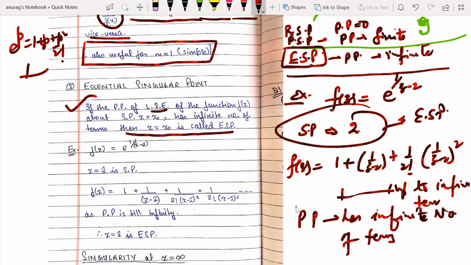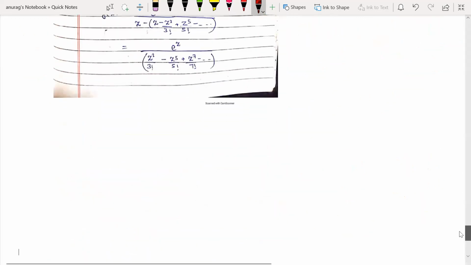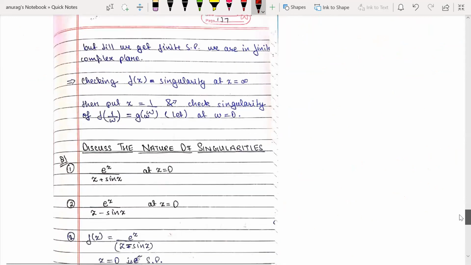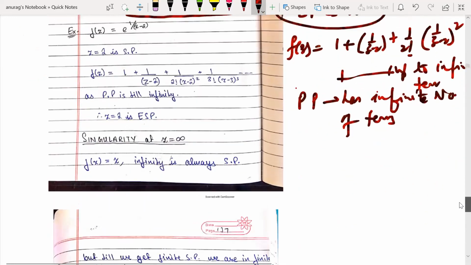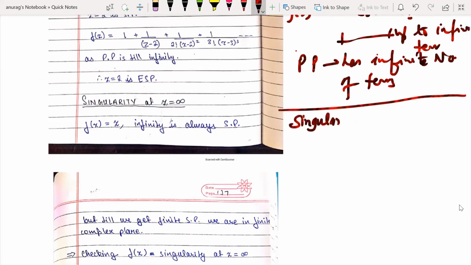Sometimes the singular point becomes infinity. Then how do you tackle it? If the singular point is infinity, then how will you check it? So the next and last topic of this lecture is singularity or singular point at z equal to infinity.